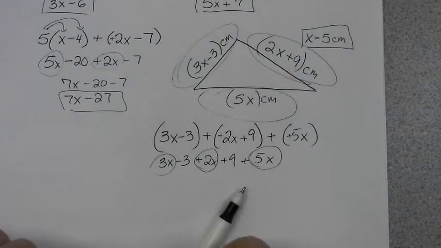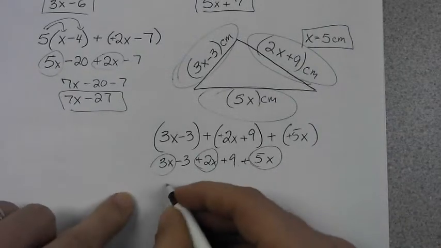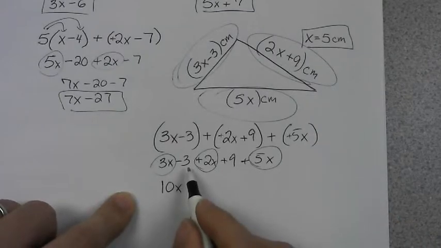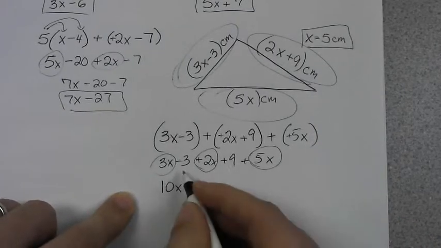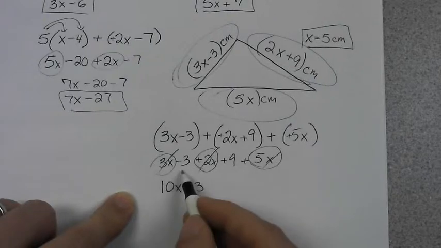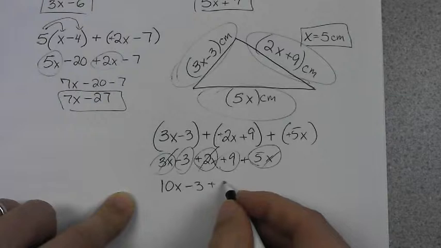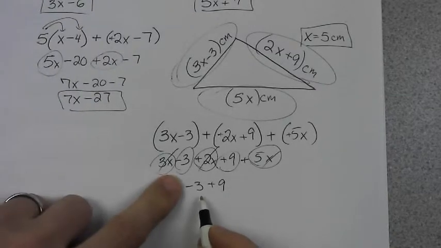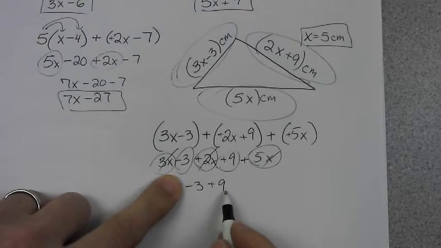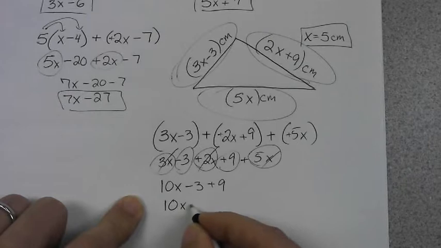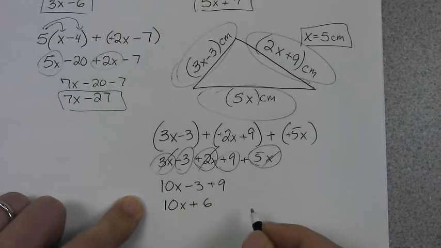And then add that to 5 more x's. Well, 5 and 5 is 10, so that means I'm going to have 10 x's. And then here, I still have this minus 3, and I also have this plus 9. Well, negative 3 plus 9 would be positive 6. So I'm going to have 10 x's plus 6.